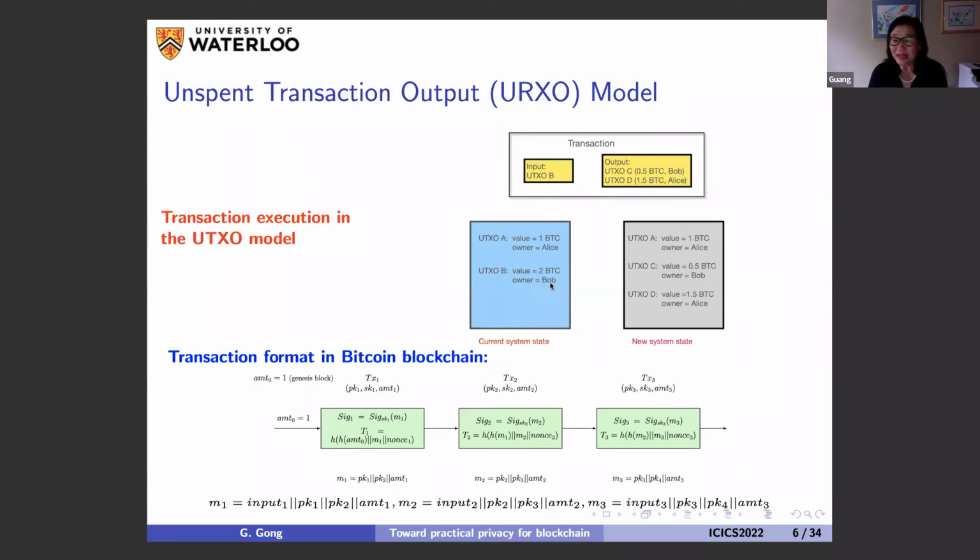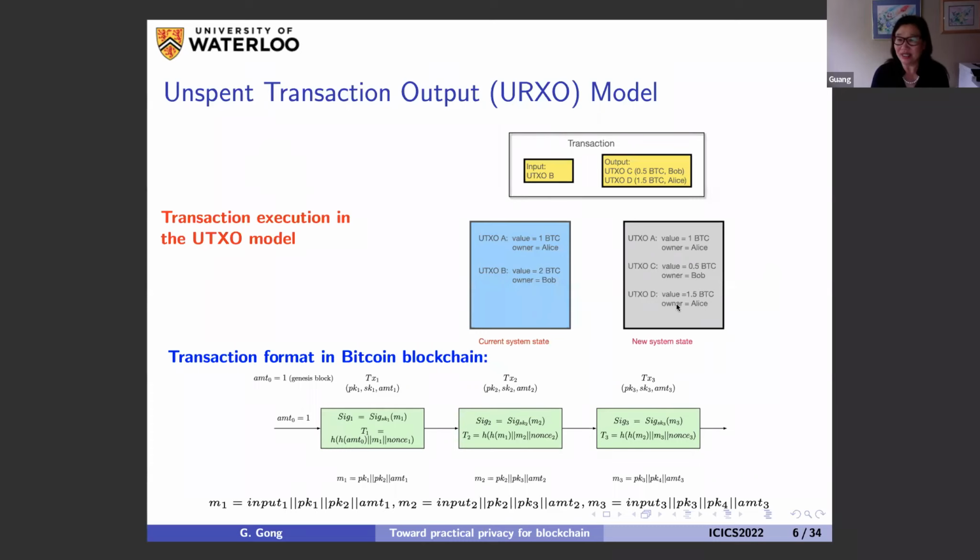So what happens here? Bob wants to send 1.5 Bitcoin to Alice. Okay, so you look at the output. Transaction A is not changed. Then transaction C, I'm sorry, they send the 1.5, because Bob has 2, so he sends 1.5 to Alice.